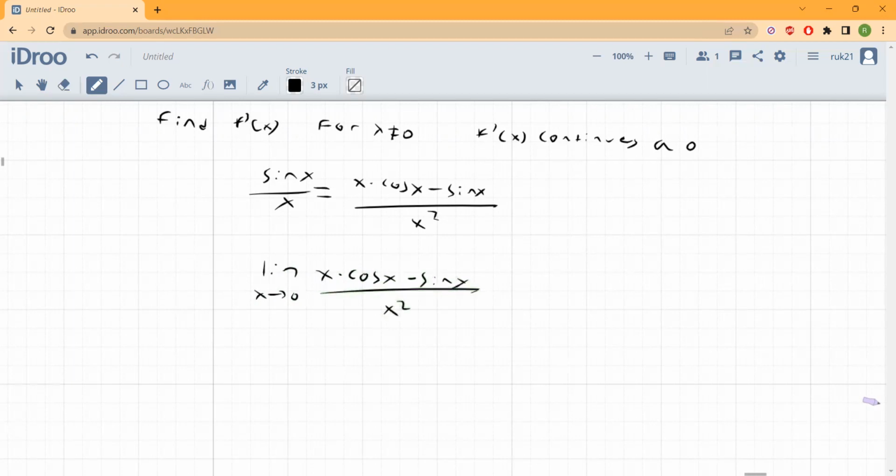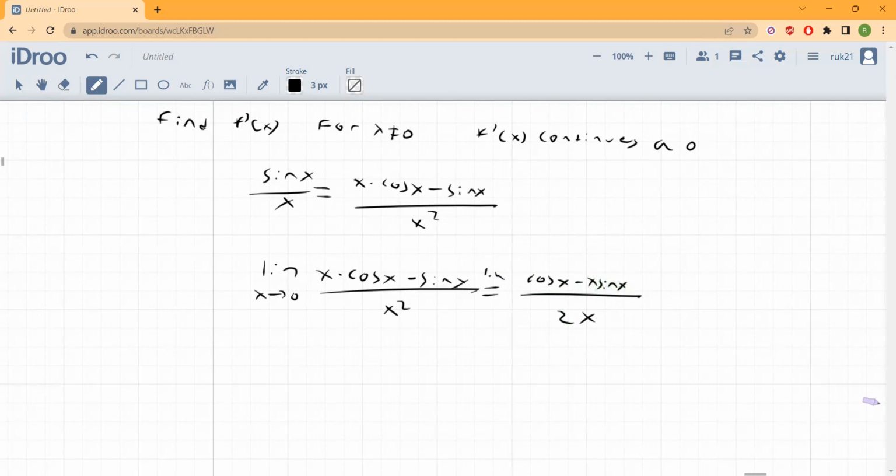So in this case, we have an indeterminate form, so we can just take L'Hopital. We're going to take L'Hopital, written as LH. On the bottom, we're going to get 2x. On the top, it's going to be a product rule. So that's going to be cos x plus negative x sine x.